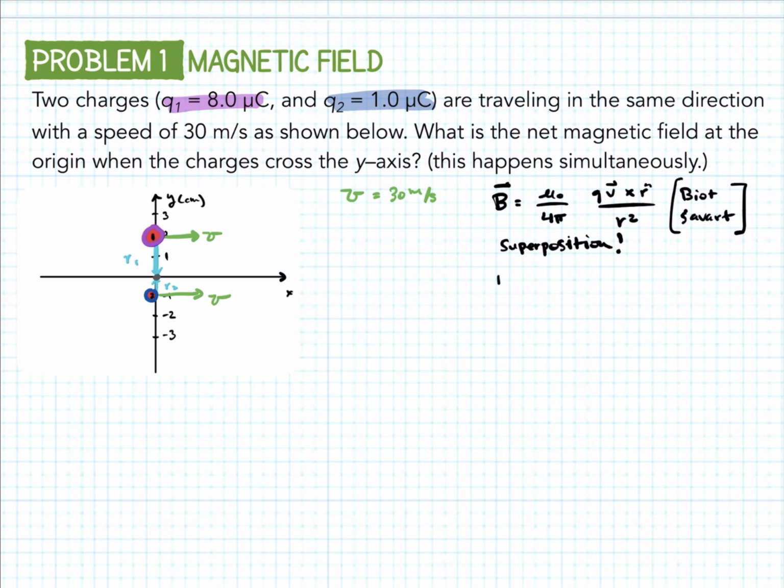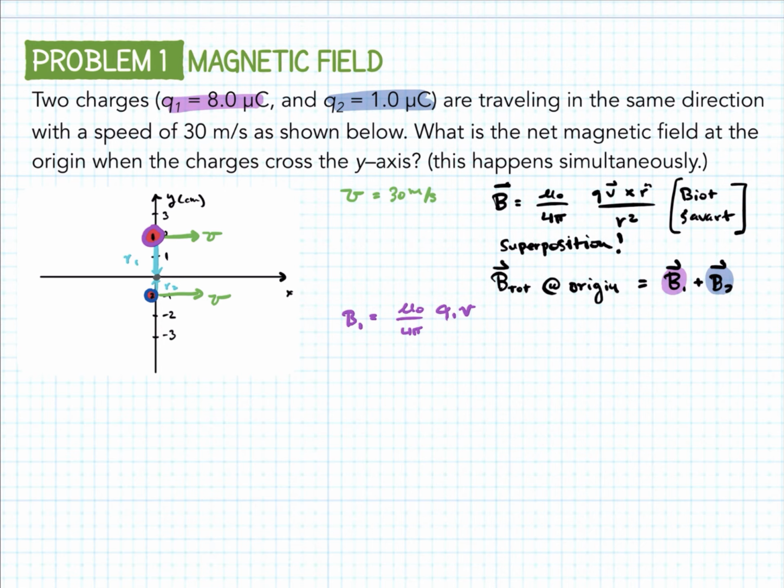So B total at origin is equal to B1 plus B2. And remember, all of these are vectors, okay? So we're going to calculate our B1 and B2. We'll start with B1. So B1 is equal to mu naught over 4 pi Q1 V, which is the same for both of them.